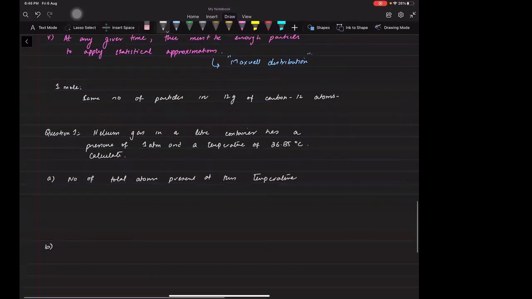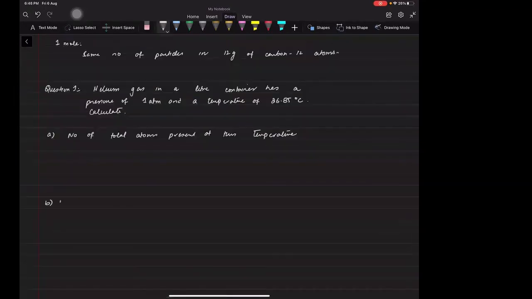B, the volume that contains 1 mole of helium-4 atom. ठीक है? चलो.